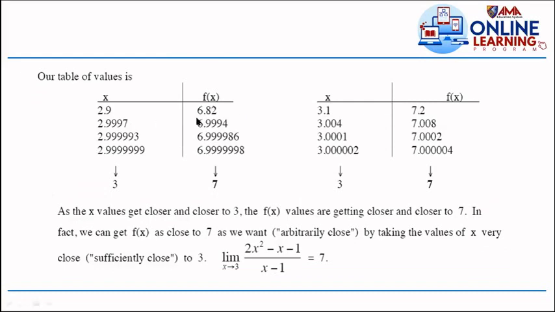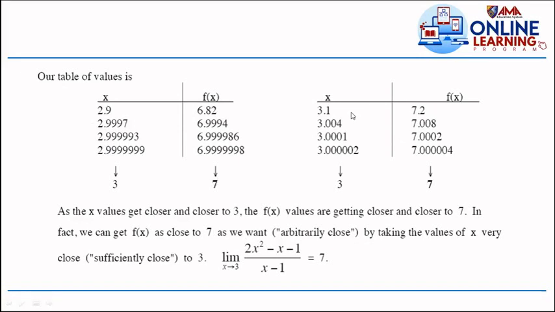So ito yung mga numbers na kinuha po natin from the left. 2.997, if you're going to substitute, you're going to have 6.994, up to 2.999999, the answer is 6.99999 po siya. So we can say that as x approaches 3 but not equal to 3, our function approaches 7.